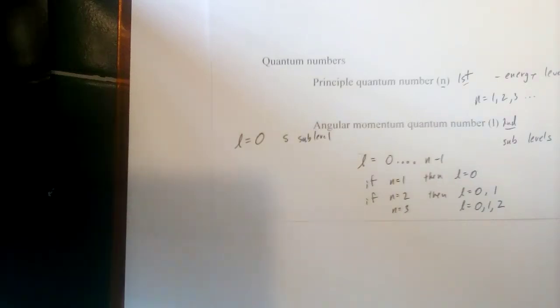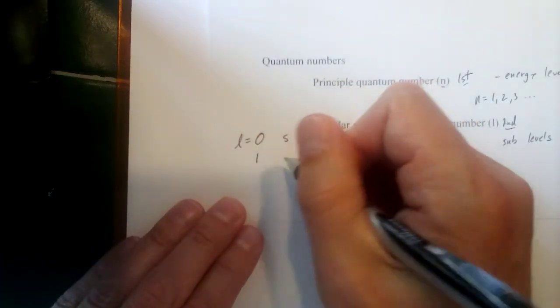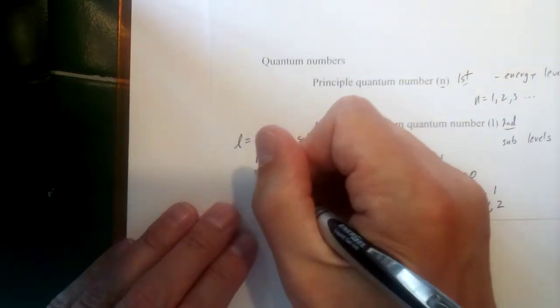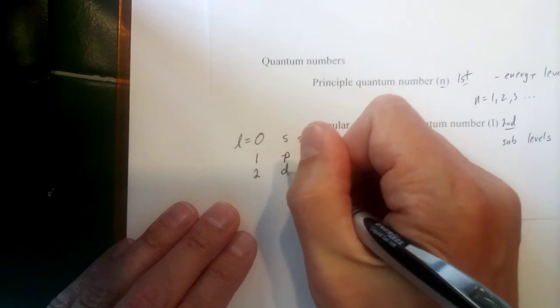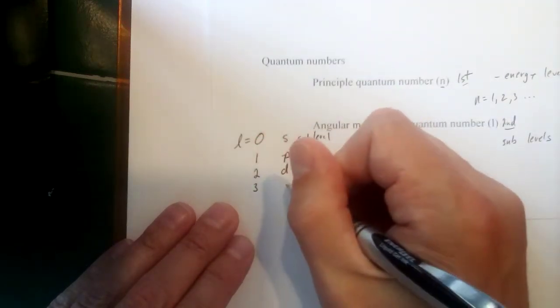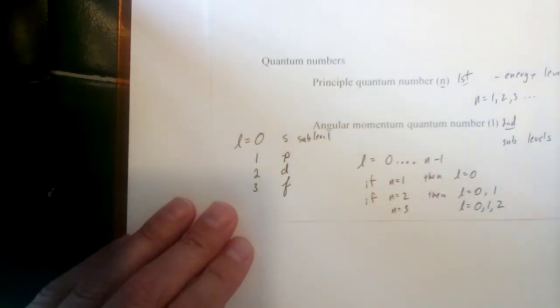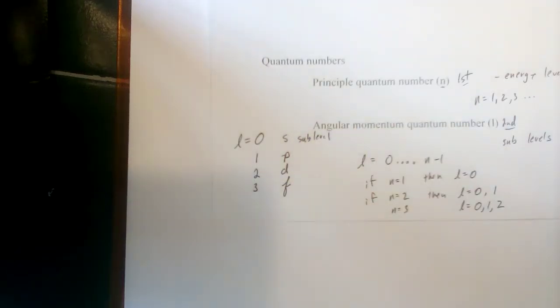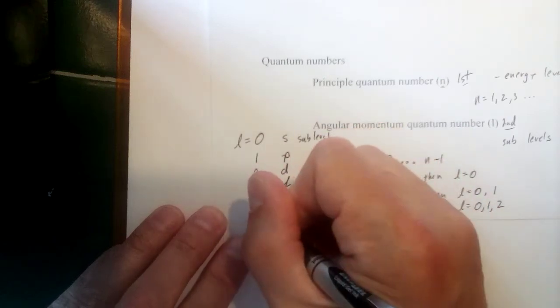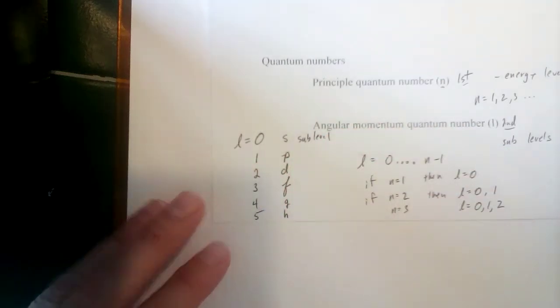So instead of saying 0 for L, we say s. L equals 1 corresponds to a p sublevel. L equals 2 corresponds to a d sublevel. L equals 3 corresponds to an f sublevel. And then from there, it's alphabetical. L equals 4 is a g sublevel. L equals 5 is an h sublevel, etc.